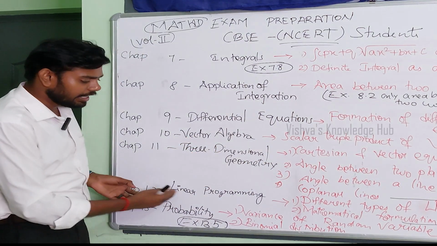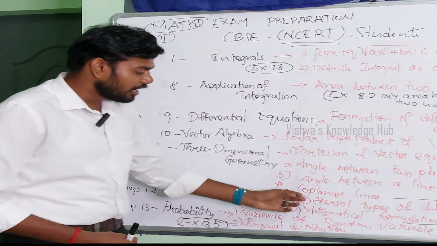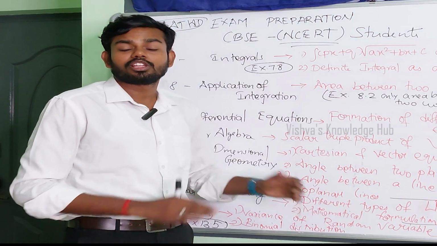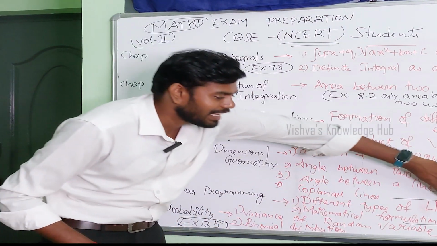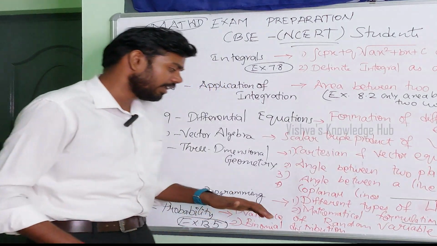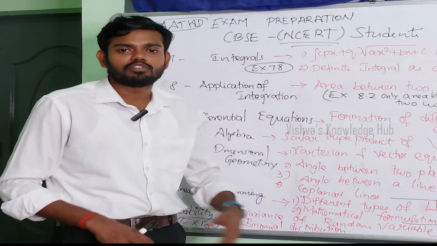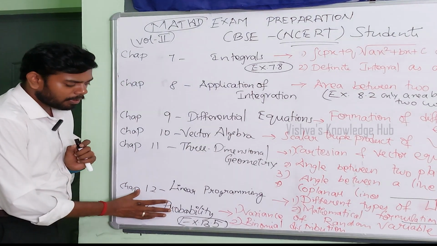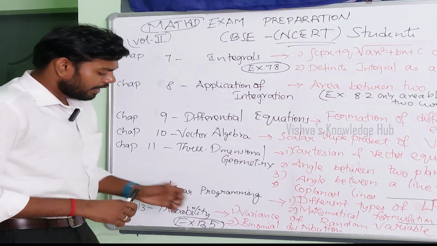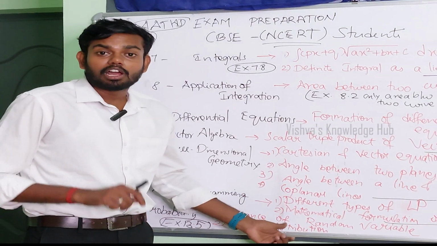In linear programming, the word problems are entirely deleted, so exercise 12.2 is entirely deleted, and the mathematical formulation for LPP is deleted. In probability, only the variance of a random variable is deleted.